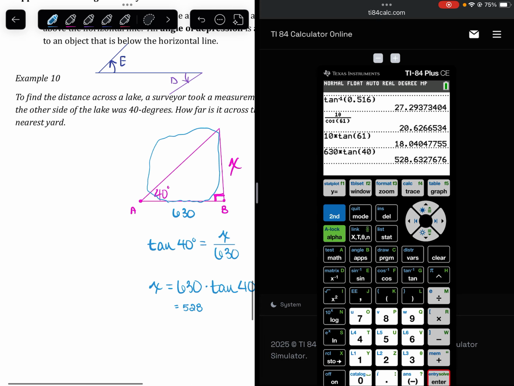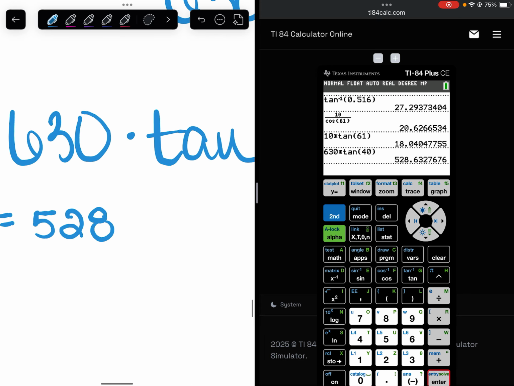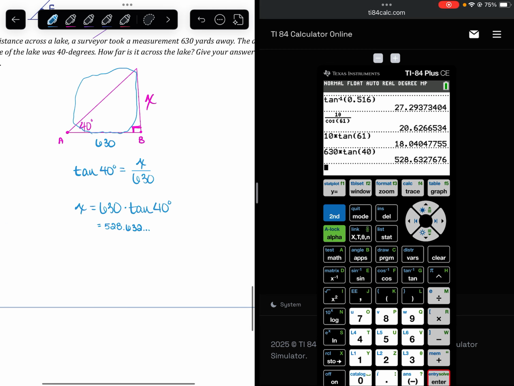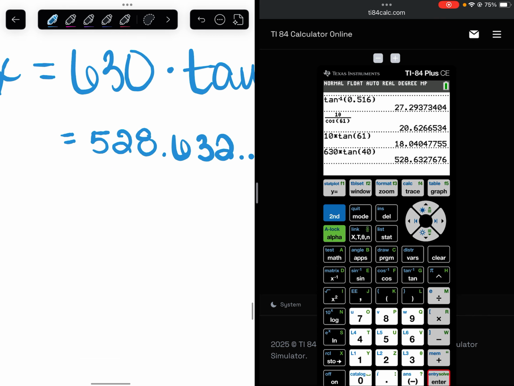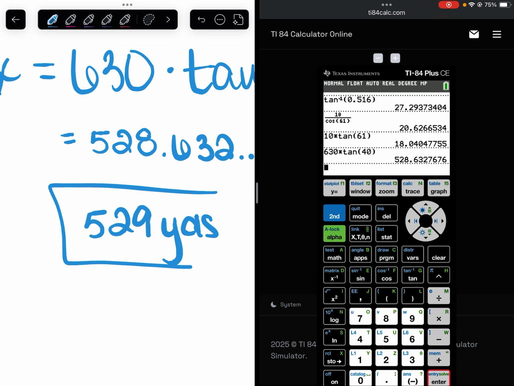I'm just going to write this down: 528.632 and so on. This is what I tend to do with word problems. It lets me know this number keeps going, and then I'll go read to make sure I answer correctly. To the nearest yard, that would be 529 yards.